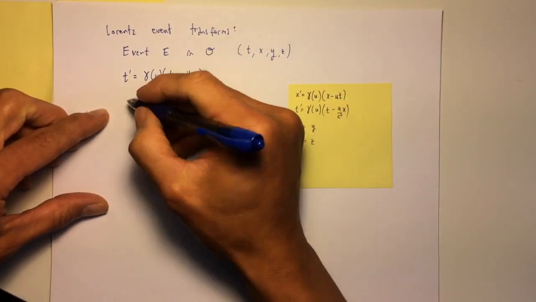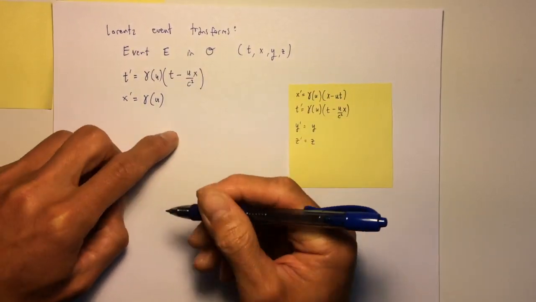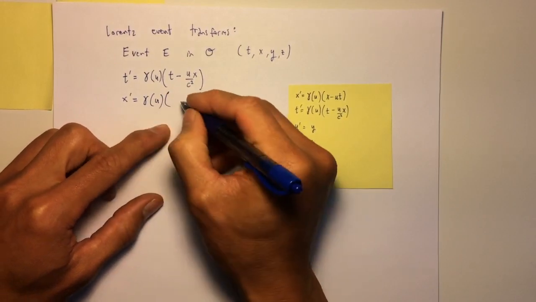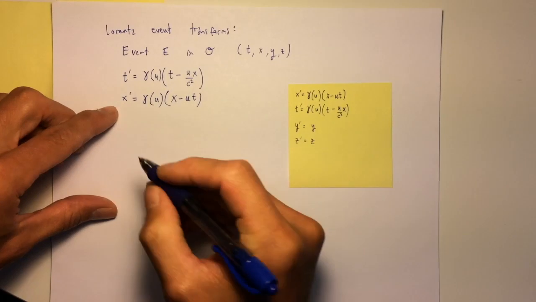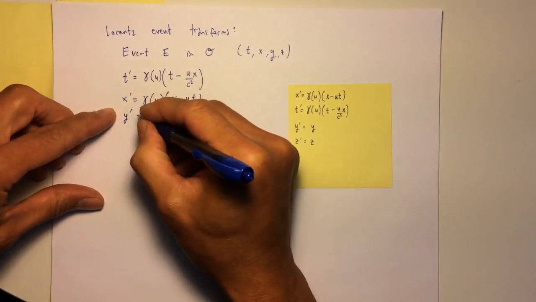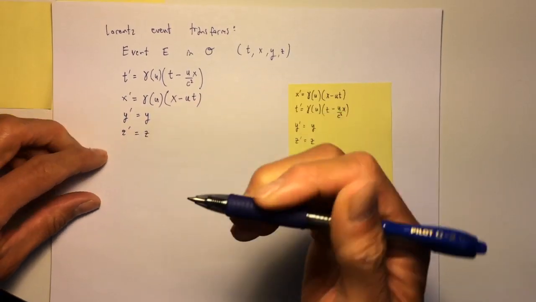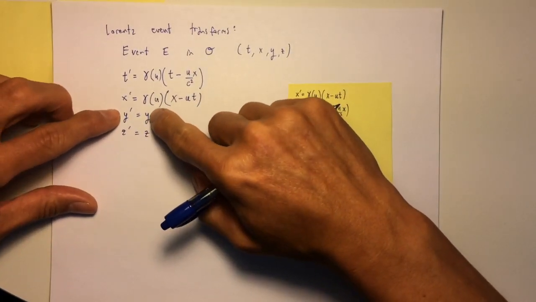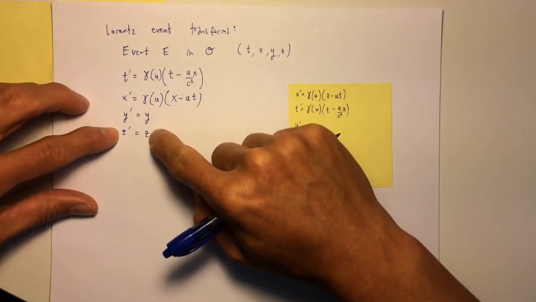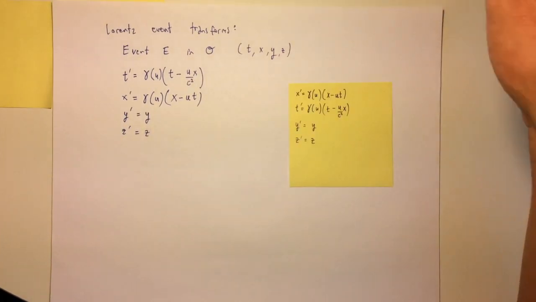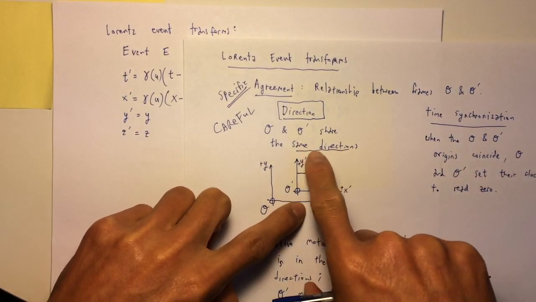So x prime has a similar looking relationship, gamma of u, and then x minus u times t, and then y prime equals y, and z prime equals z. These are kind of simple and interesting. The point here is we were careful to organize that all the directions are the same.